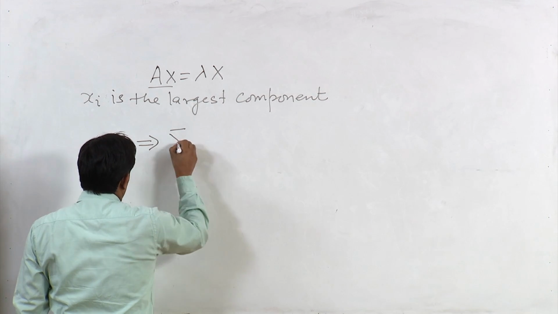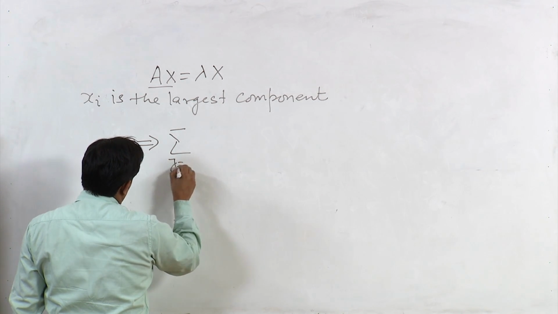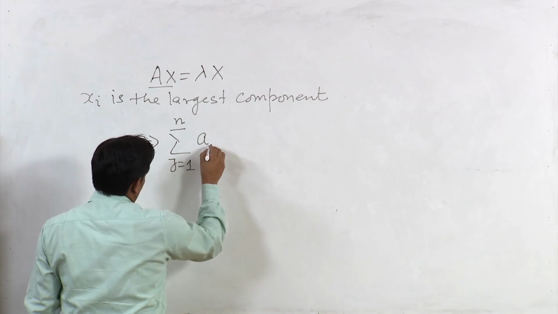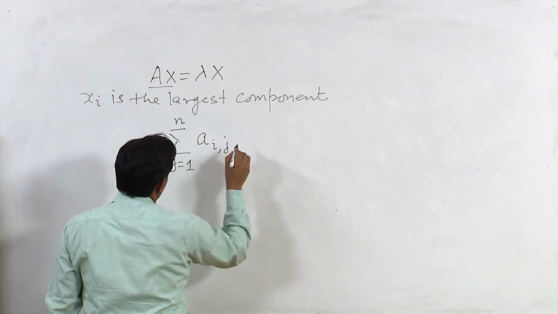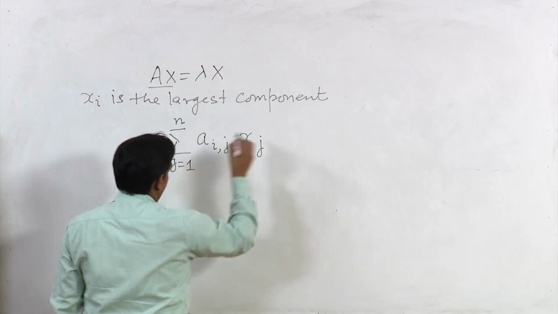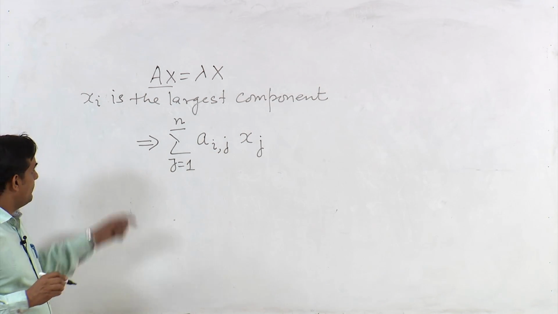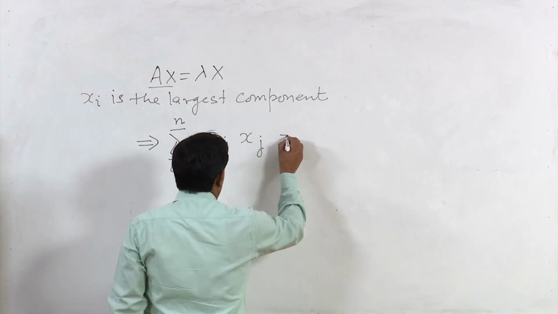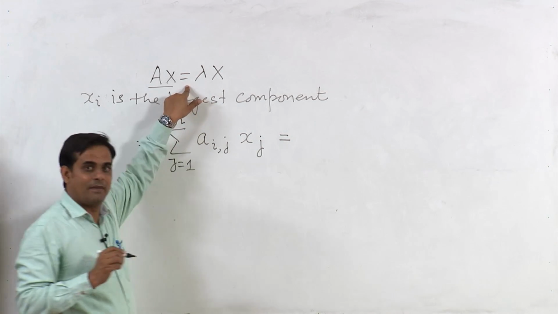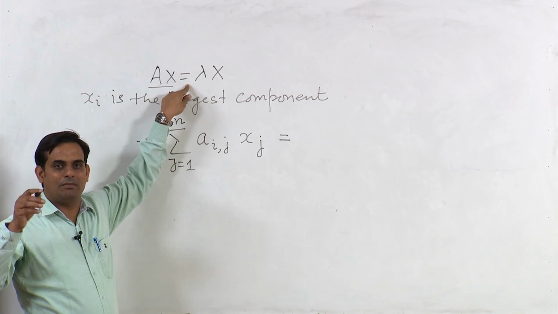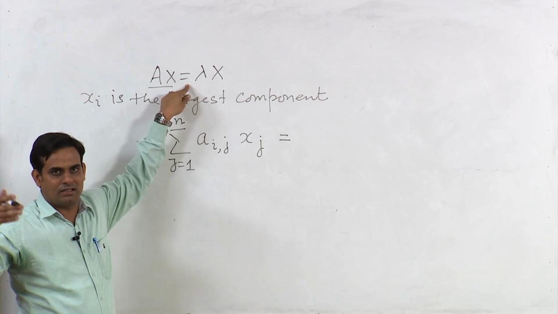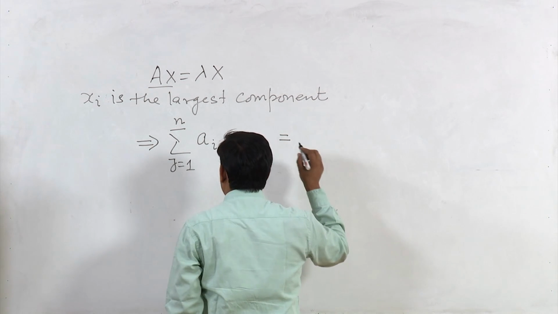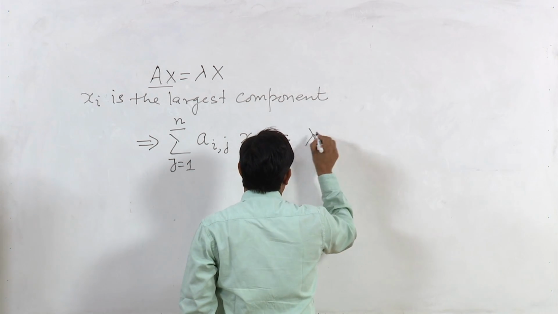So it is the summation, j equals 1 to n, of a_ij x_j. So, I am looking at the ith row of this product, because there will be n equations. Out of n equations, I am taking the ith equation. This is equal to lambda times x_i.